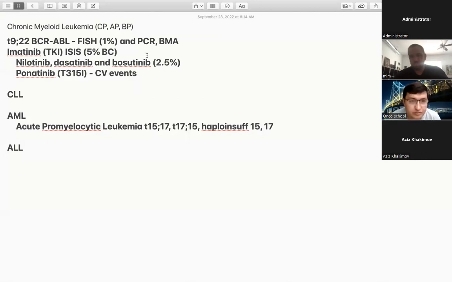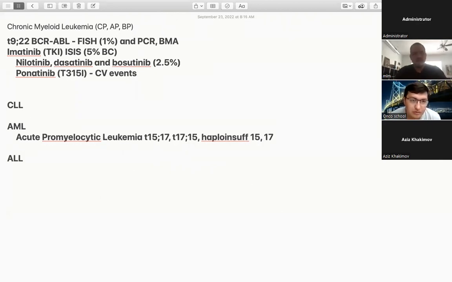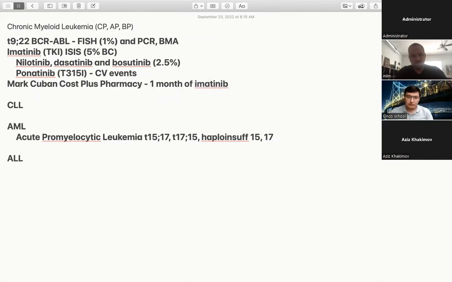I think we do not have access to this drug. So there is a website called Mark Cuban Cost Plus Pharmacy, where one month, and you can just Google that, one month of imatinib is $4.30.